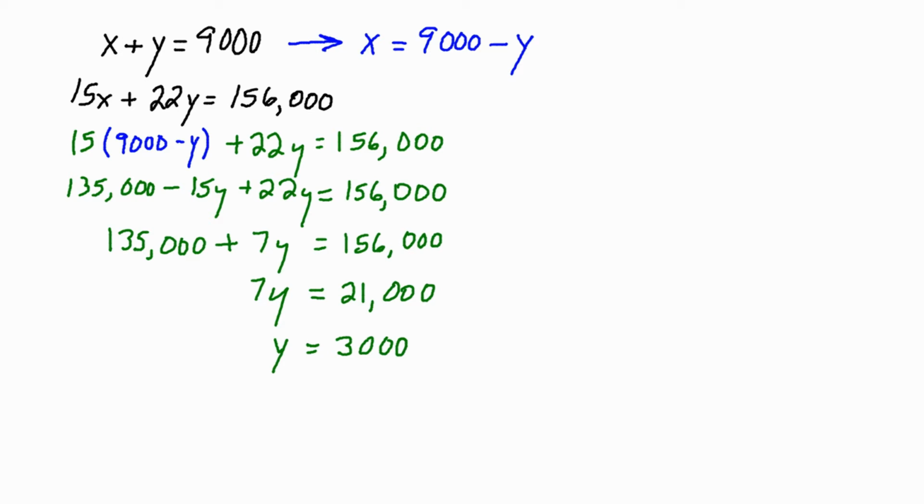Now to find x, since x equals 9,000 minus y, I can substitute for y. x equals 9,000 minus 3,000, which gives me 6,000. So I've sold 6,000 seats at $15.